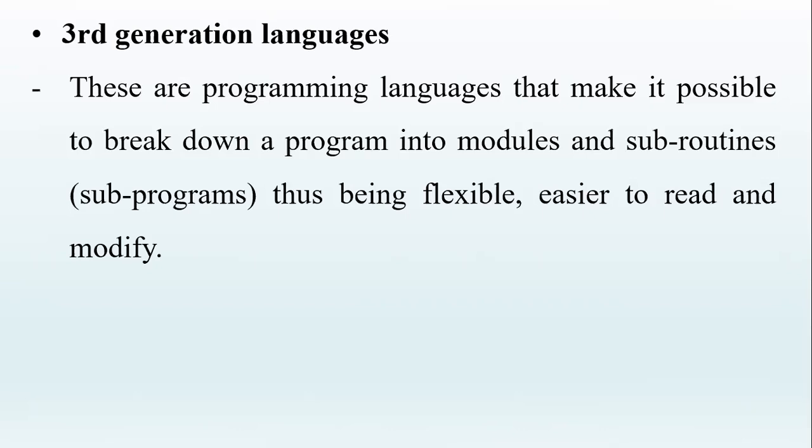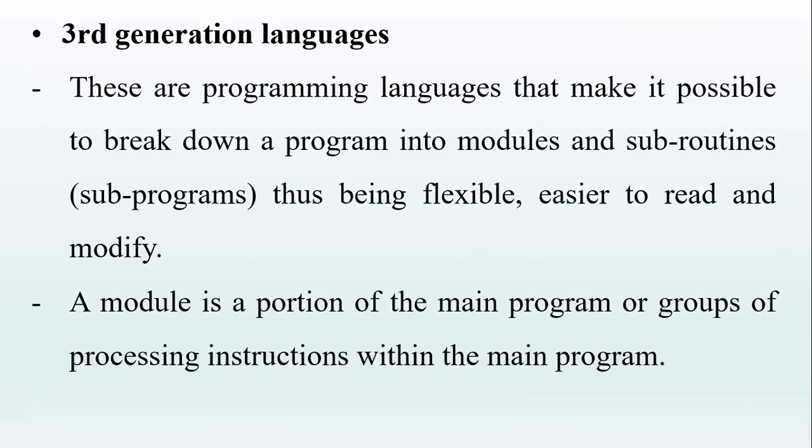These are programming languages that made it possible to break down a program into modules and subroutines, what we call subprograms, thus being flexible, easier to read and modify. A module is a portion of the main program or groups of processing instructions within the main program.